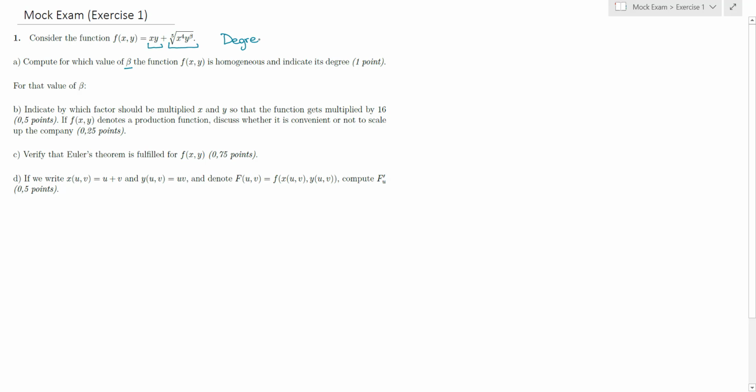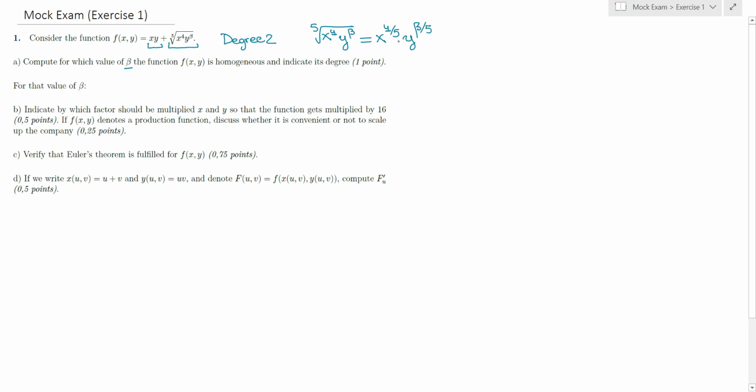So the idea is that we want this to be of degree 2, but since there is a fifth root, this is essentially this term as fifth root of x to the 4 y to the beta. We can also write it as x to the 4/5 and y to the beta fifths.